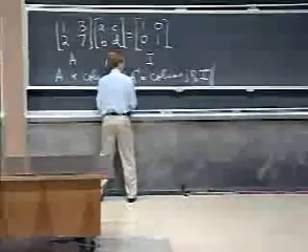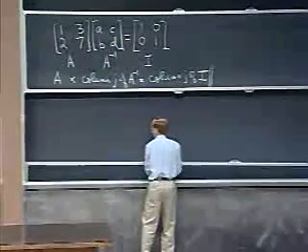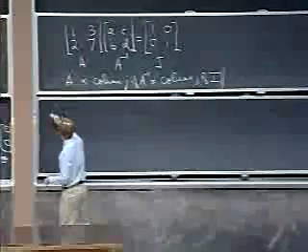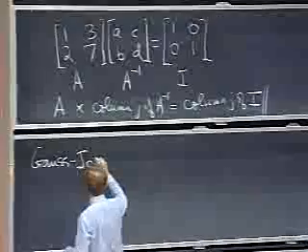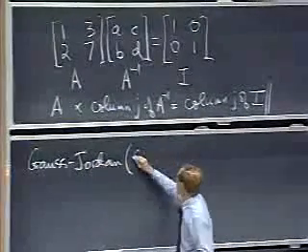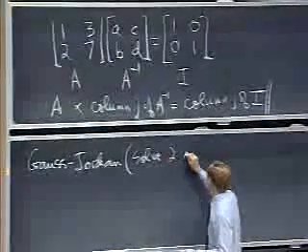Here's the Gauss-Jordan idea: solve 2 equations at once.